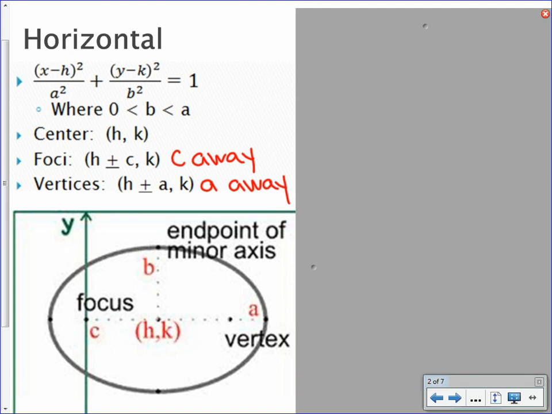Also, you see here a B. To get the shape of our ellipse, we're going to plot what I'm going to call our major vertices A away. And then to get these points, we're going to use that B value and go B away from our center to get those points to complete our ellipse, so we know the shape.